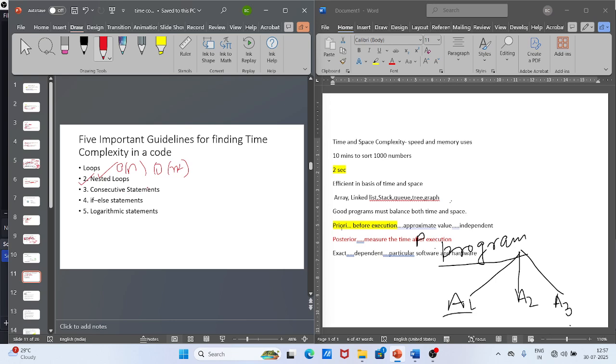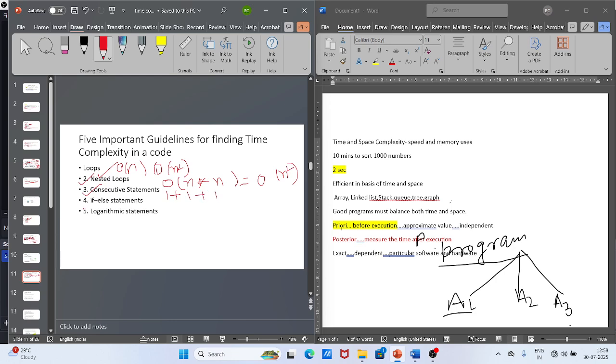If one loop is placed inside another loop, then this is order of n into n, which is order of n square. Okay. Next one is consecutive statements. Add their time complexities. For consecutive statements, one by one, add their complexities.